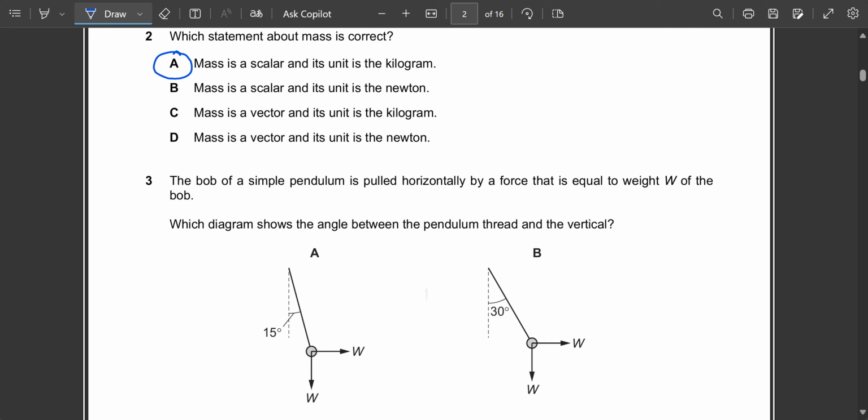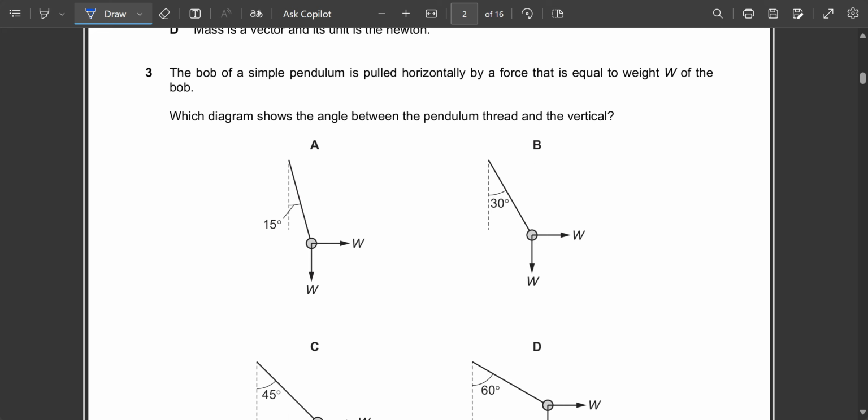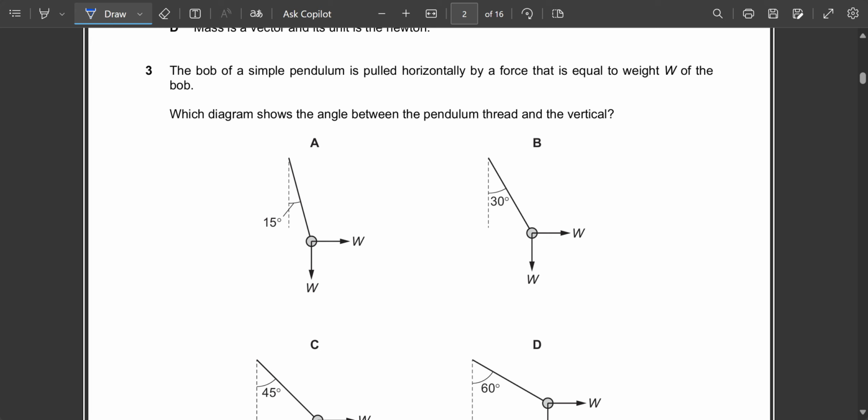Question number 3 says a bob of a simple pendulum is pulled horizontally by a force which is equal to the weight of the bob. Which diagram shows the angle between the pendulum thread and the vertical?